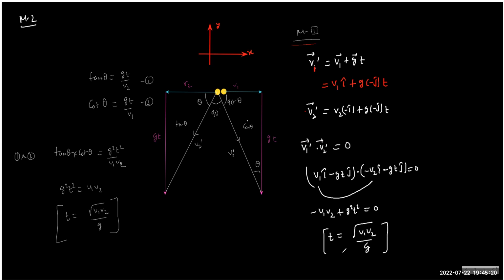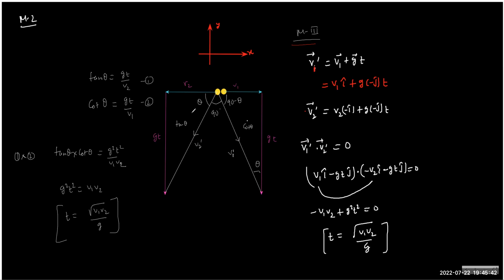Slightly easier to comprehend why we are getting the answer. So can you please explain the tan theta cot theta method again? Okay, okay.